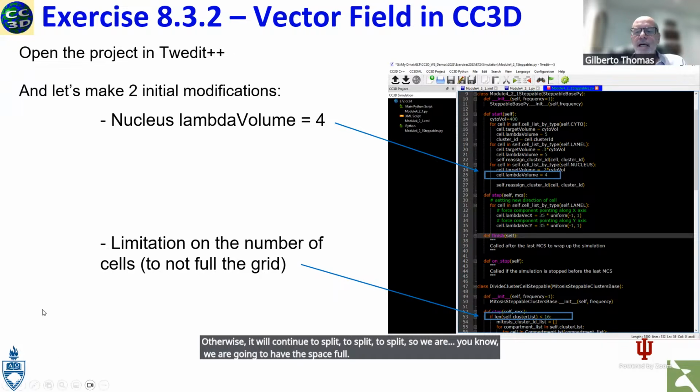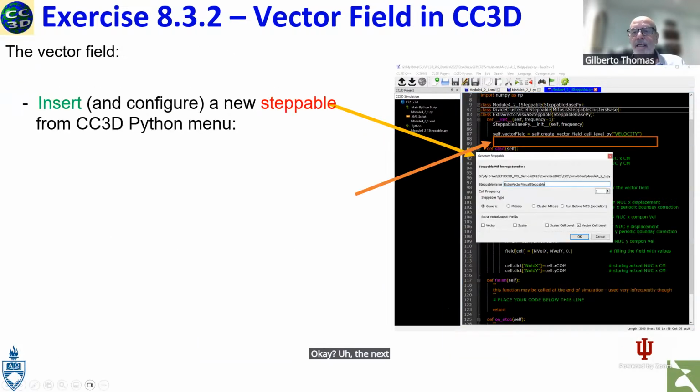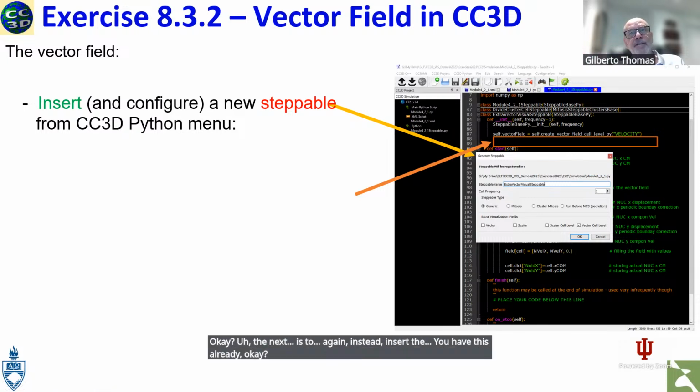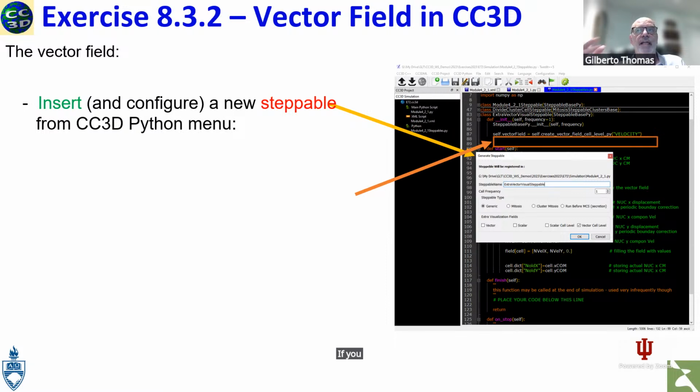So we are going to have the space full. Okay. The next is to again insert, you have this already. I'm just following the steps as if you would build from scratch.